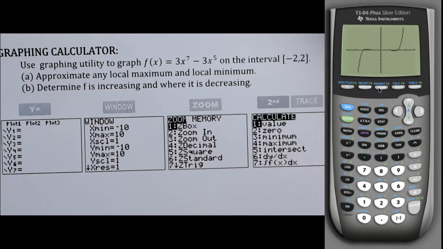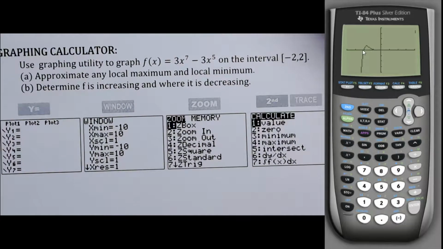So in that case, let's change the window. Hit window. The x values are good there, but let's change the y window from -2 to 2 also. So -2 to 2, and the scale says 0.5, and then we can graph.